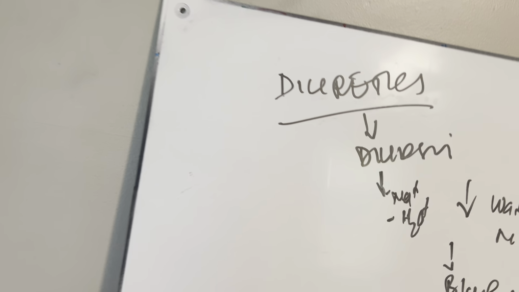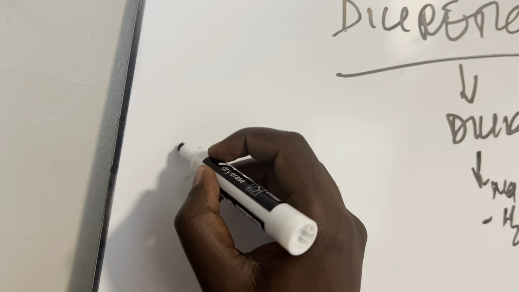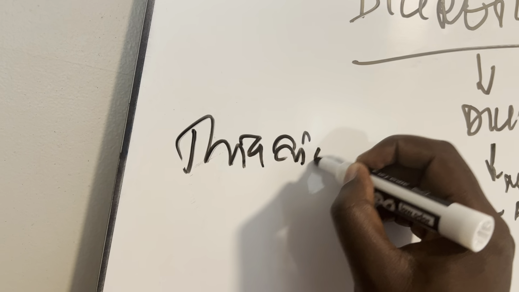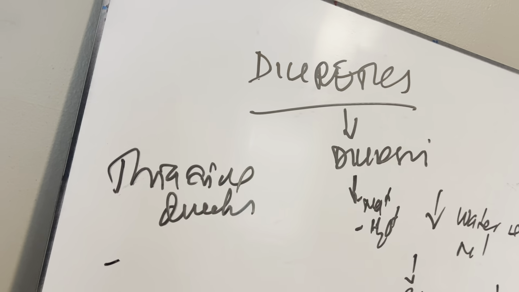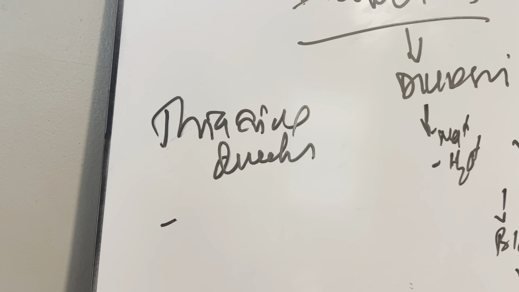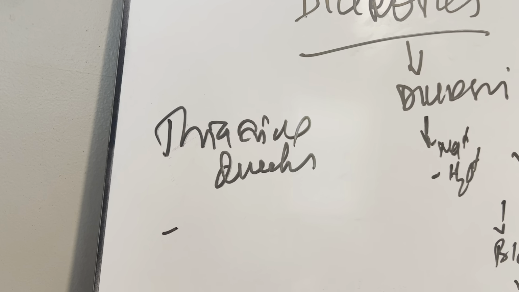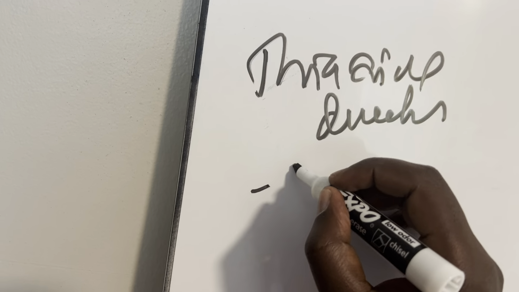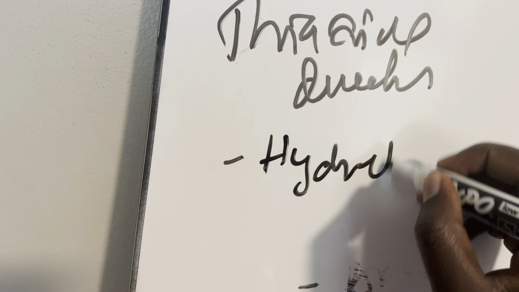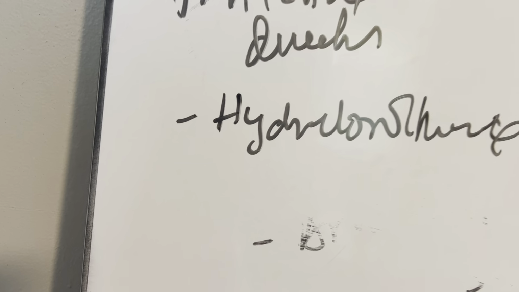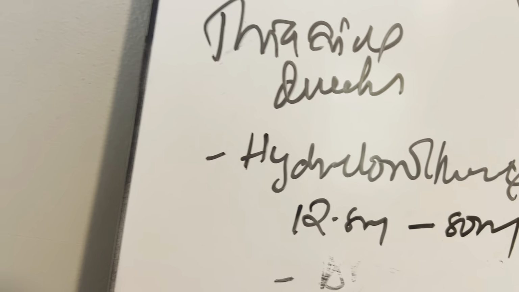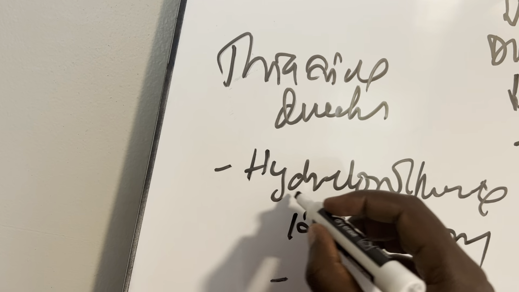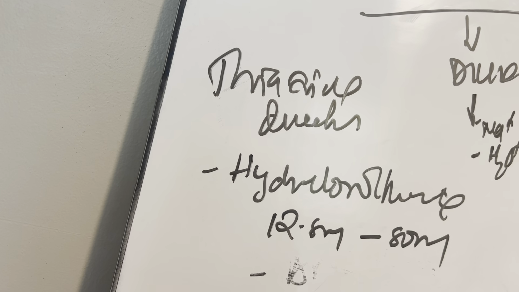Okay, before we go on, examples of what we call thiazide diuretics. They block the distal convoluted tubule, preventing the reabsorption of sodium. We have hydrochlorothiazide, which can be given from 12.5 milligram to 50 milligram once daily. Usually thiazides are combined with other antihypertensives.